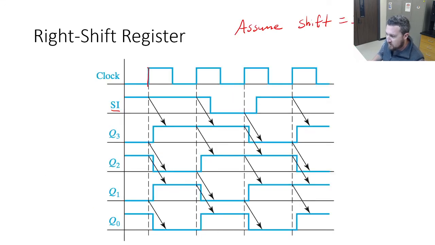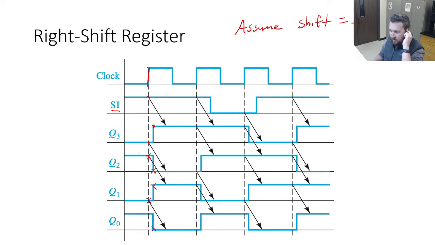So Q3 is going to say, all right, what is SI? It's 1. All right, I'm going to go to 1. And then on that same rising edge, Q2, which is attached to Q3, says, all right, Q3 is 0, so I'm going to go to 0. Right? Q1 looks at Q2 and says, all right, Q2 was 1, so I'm going to go to 1. All right, and then Q0 says, all right, Q1 was 0, so I'm going to go to 0, right?